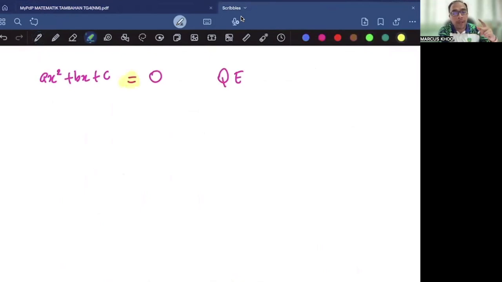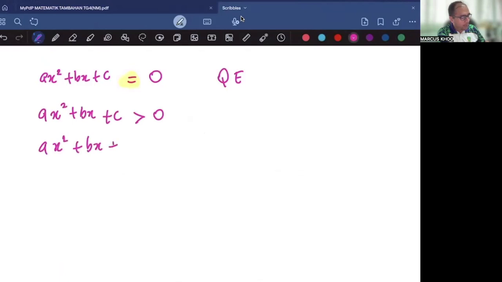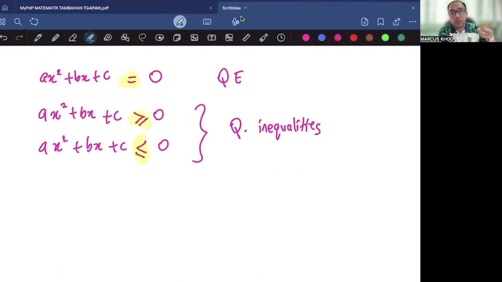But if you have ax squared plus bx plus c more than 0, or less than 0, or even more than or equal to, or less than or equal to, these are called quadratic inequalities, because the sign here is not an equal sign. This is the first main difference that we need to understand.